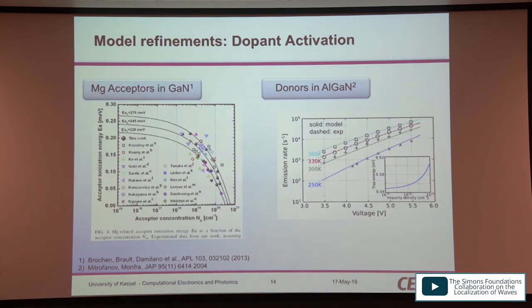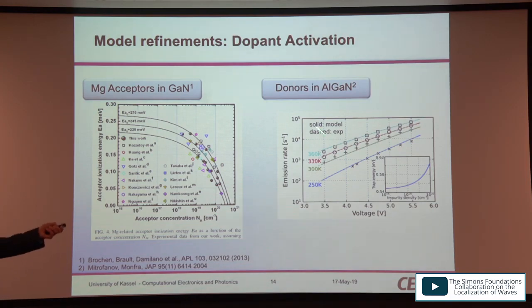And this has been published experimentally. Now here you see magnesium in gallium nitride, acceptor ionization energy versus concentration. And what you see is if the acceptor concentration goes up, then the activation energy goes down. And we believe this is important to include in a simulation to get a good handle on what the actual free hole density is.